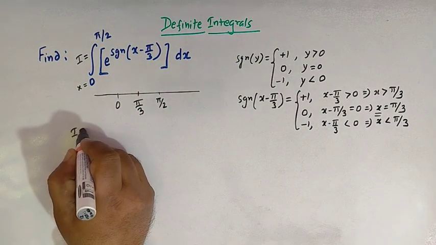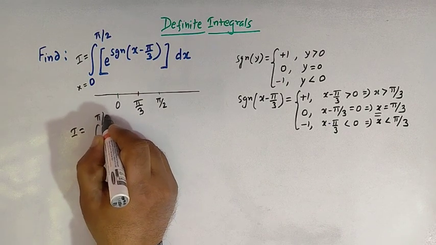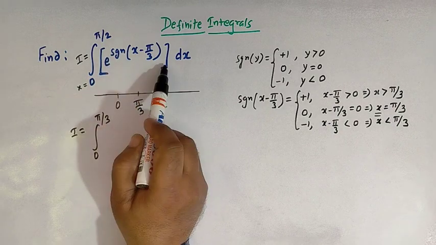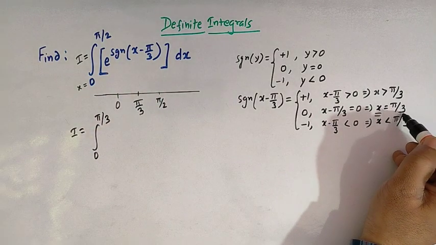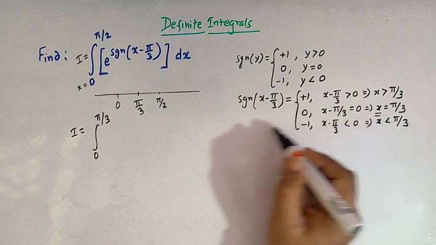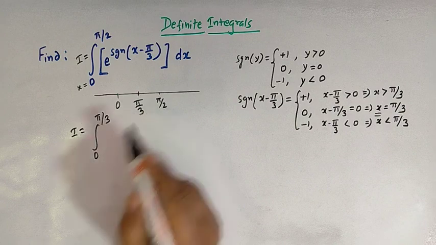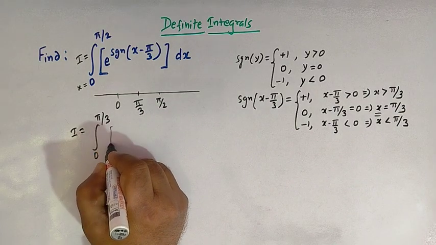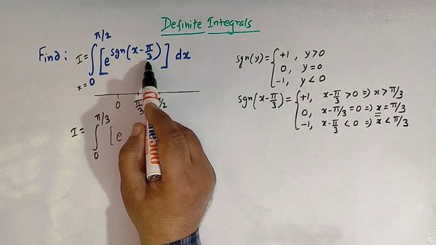So we'll split this integral as a sum of two integrals, because pi by 3 is the point where we can split the integral from 0 to pi by 2. We write I as the integral from 0 to pi by 3 of the greatest integer of e raised to signum of x minus pi by 3.